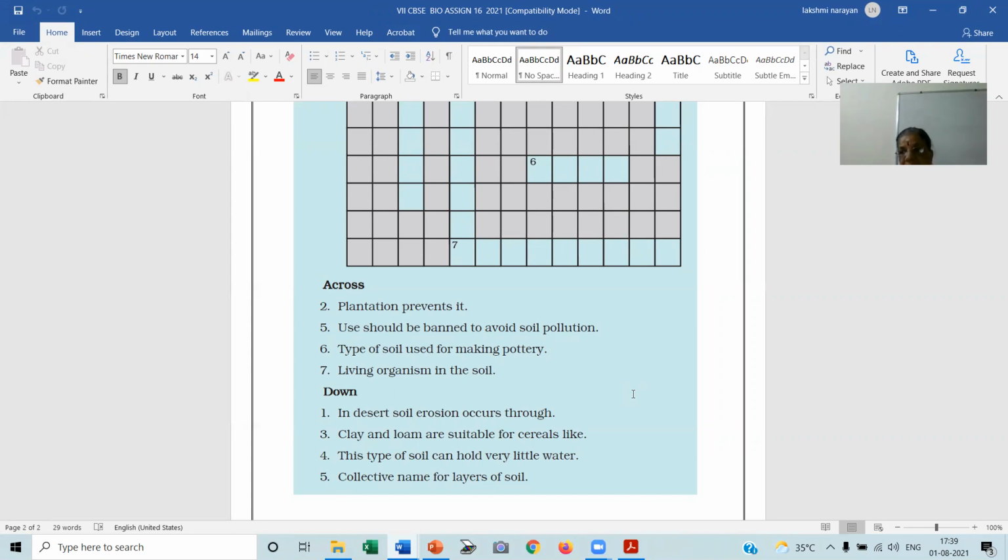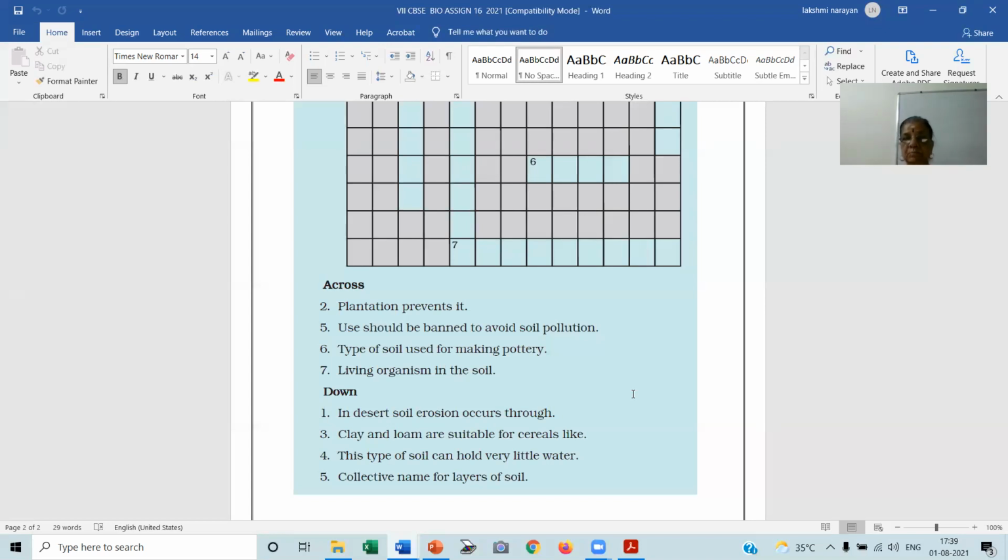And then with the picture presentation, a short discussion about the picture presentation of the lesson soil. With this, we are completing the lesson soil. Let's go through the crossword puzzle, recollect the points, then we will conclude.